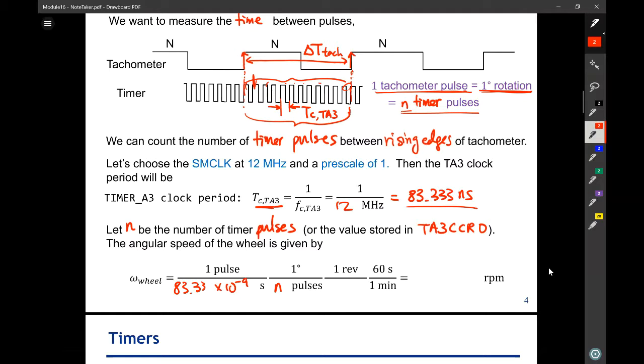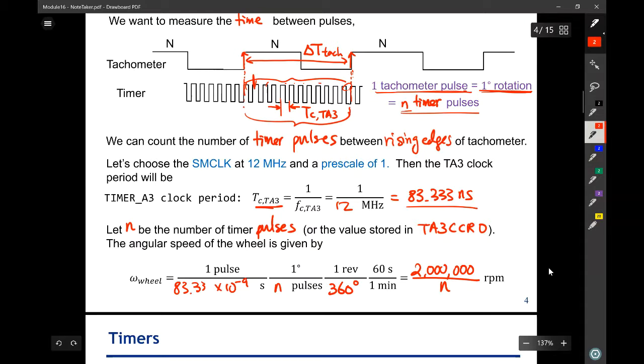So 1 degree is n pulses, and 1 revolution is 360 degrees, okay? And then 60 seconds is 1 minute. Then if you do this simple math, you're gonna get approximately 2 million over n RPM.